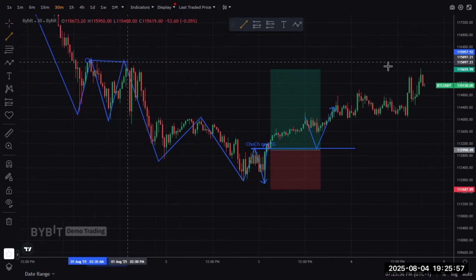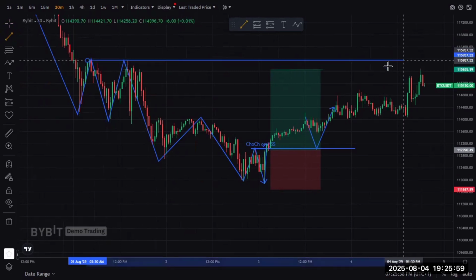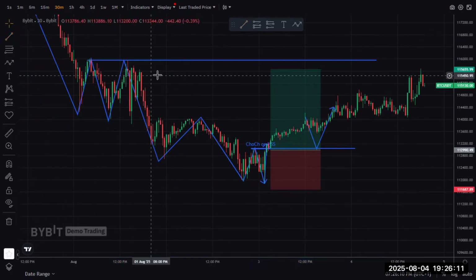So the market will aim to target that level. Once it targets the level, it will park the money there before thinking of any reversal. Okay, so that is the level you will aim to target.